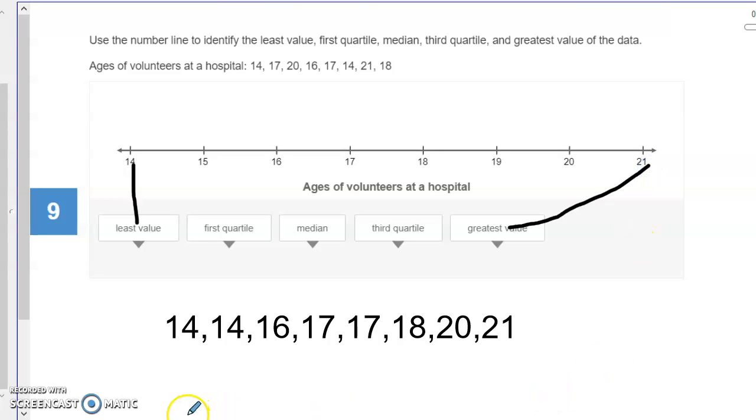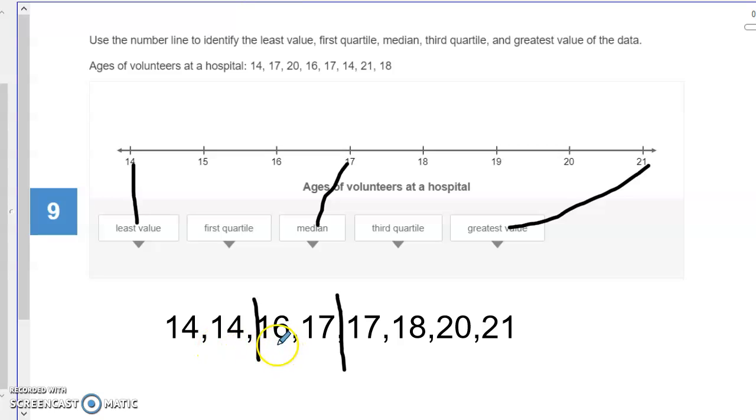Now I have to find the median. So 1, 2, 3, 4, 5, 6, 7, 8. That means my median is going to be between the 4 on this side and 4 on this side. So my median, of course, would be 17, so I would drag that to there. Now, to find my first quartile, it would be in between 14 and 16.